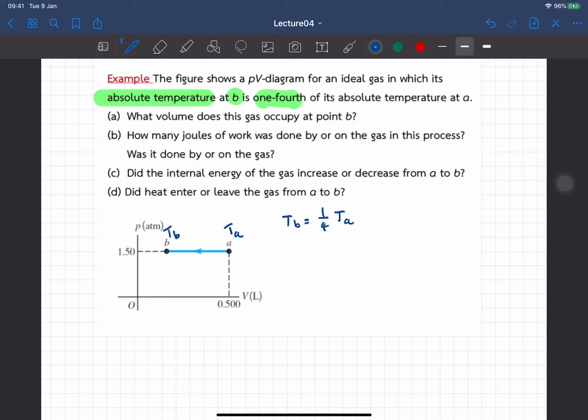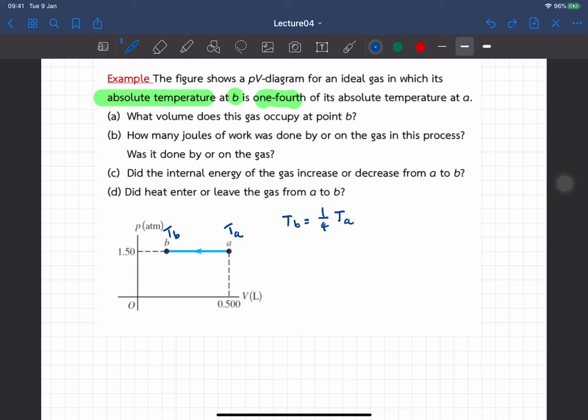Whatever the temperature here is, which you can calculate because you know the pressure here, which is 1.5 atm, and you know the volume here, which is 0.5 liter, right? So you can use PV equal to NkBT or PV equal to nRT to calculate the temperature in principle.